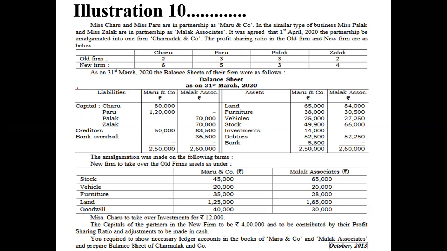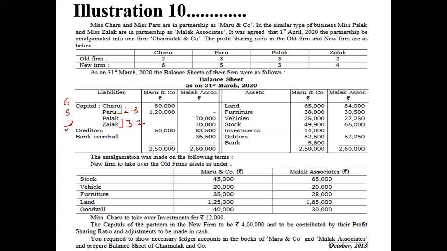So the old profit sharing ratio between Charu and Paru is how much? 2 is to 3. Whereas the ratio between Palak and Jhalak is 3 is to 2. And their new profit sharing ratio after amalgamation will be 6 is to 5 is to 3 is to 4.